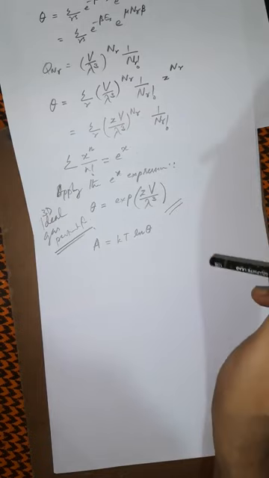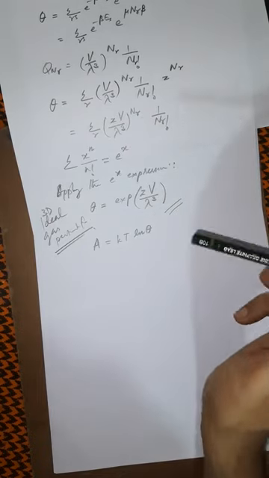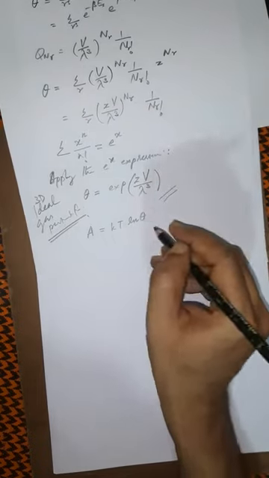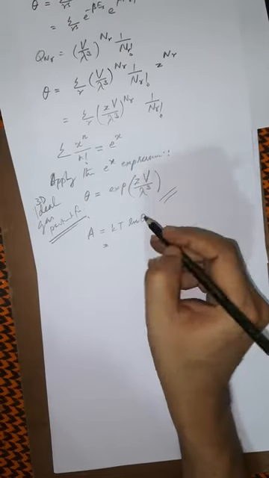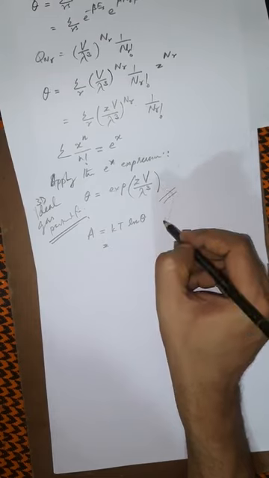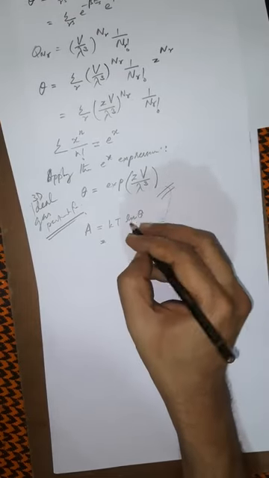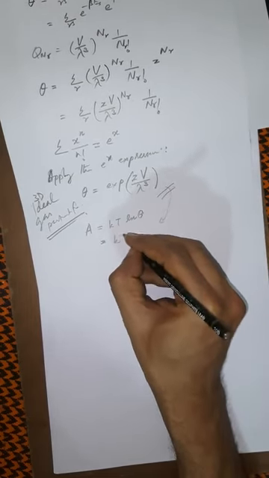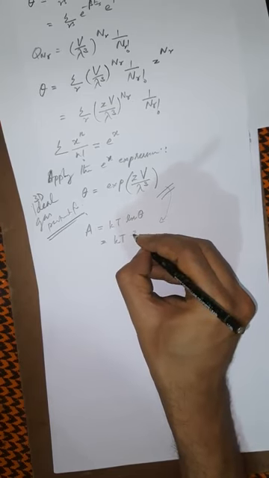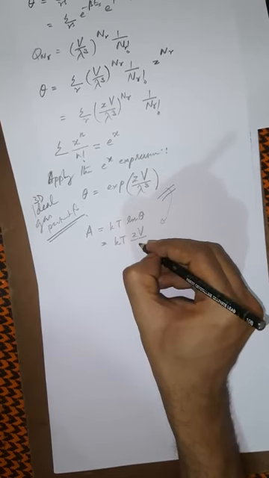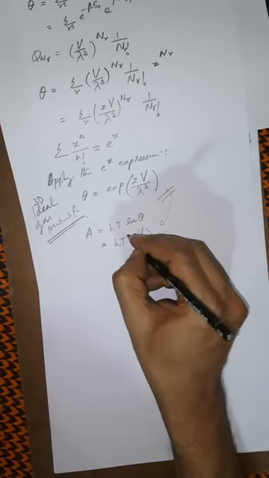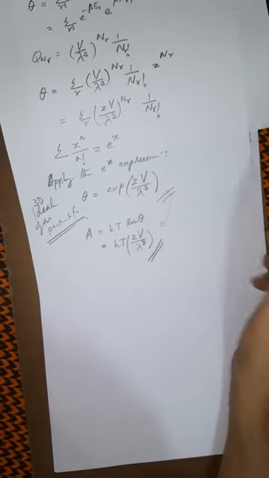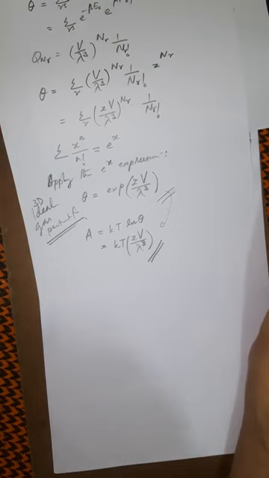So we simply apply that, replacing it with theta over here. So kT ln theta, and applying this theta over here, I will get A is equal to kT zV by lambda cube.